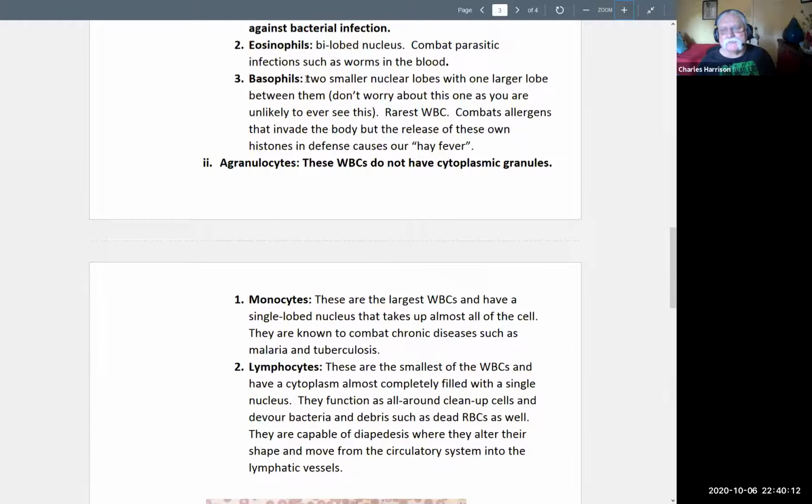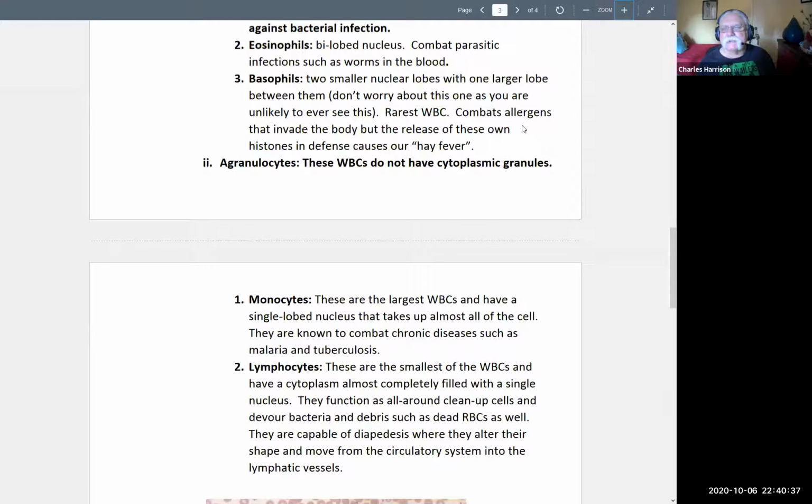We've never seen a basophil in our classes. They're the rarest. I did have one person in the class who was a phlebotomist, a blood taker, and he said he could find one, and he couldn't on our slides, but he's seen them. Anyway, it's the rarest type.